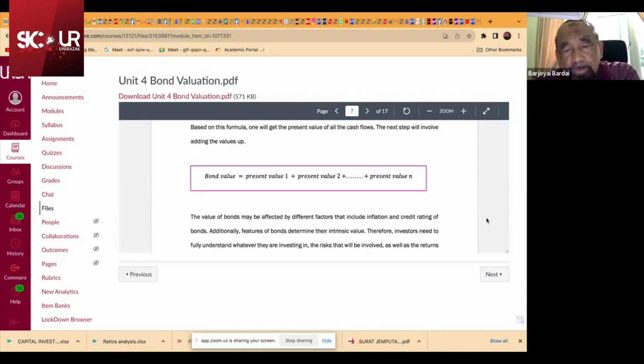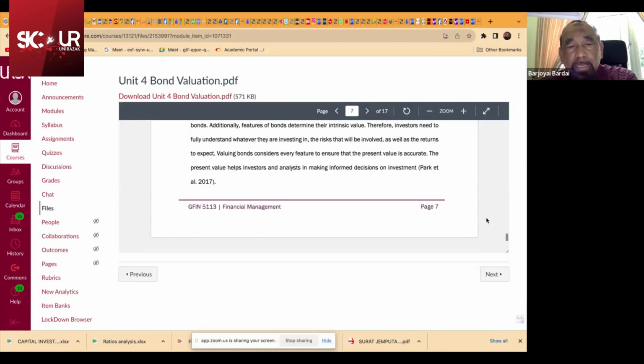The bond value may be affected by different factors that include inflation and credit rating. Additionally, features of the bond will determine their intrinsic value. Therefore, investors may need to fully understand whatever they are investing in, the risk involved as well as the return to expect.